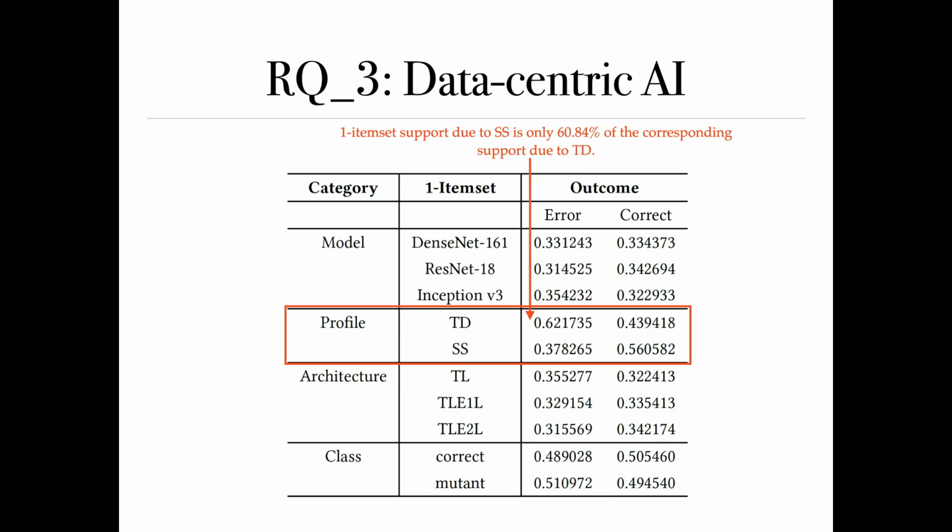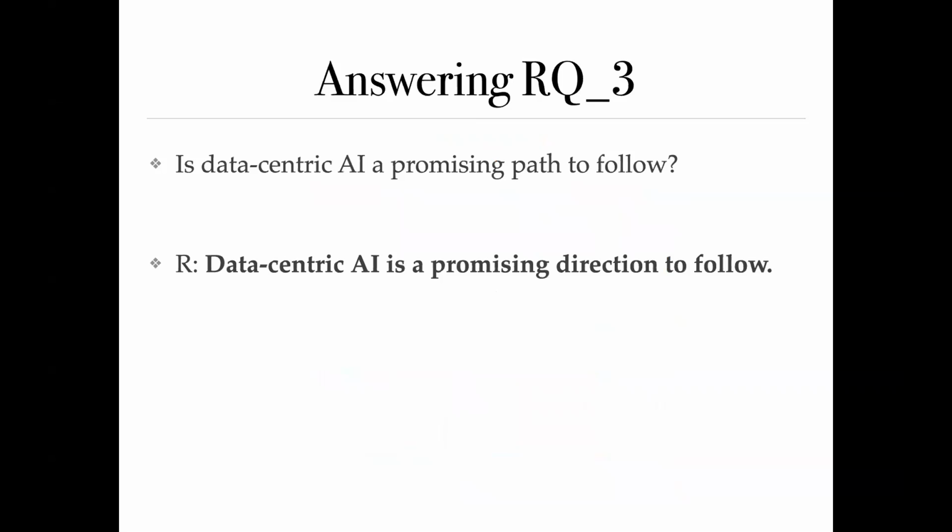So we have a substantial increase in the performance just by adding this extra 160 images derived by the test set related codes. Our answer to question 3 is that, considering the supervised learning approach and these popular networks, data-centric AI is a promising direction to follow.